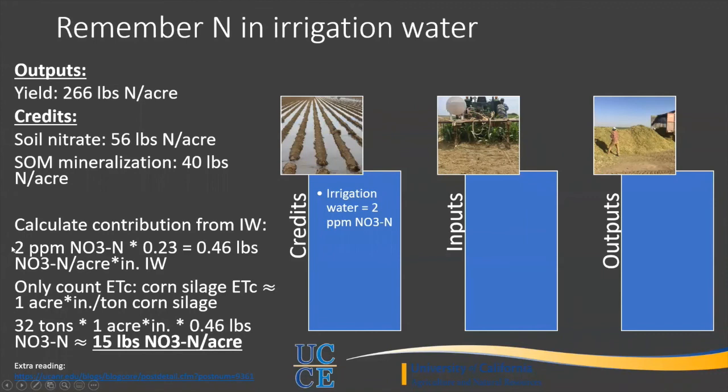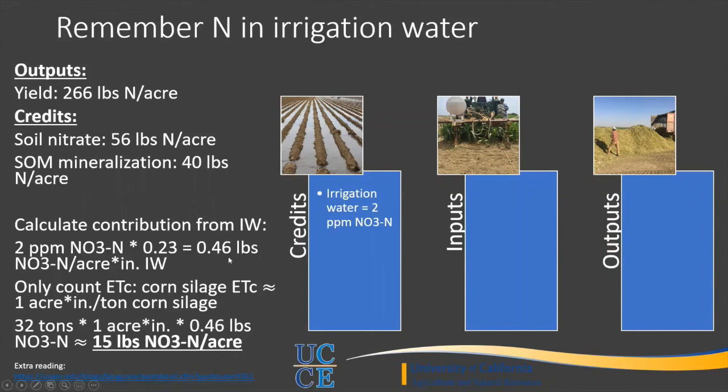There's a relatively simple formula to calculate how much nitrate nitrogen exists in a volume of water: whatever the parts per million of nitrate nitrogen test are times 0.23 will equal the pounds of nitrate nitrogen in every acre inch of irrigation water. So in this case, 2 parts per million nitrate nitrogen in 1 acre inch of irrigation water equals 0.46 pounds of nitrate nitrogen.